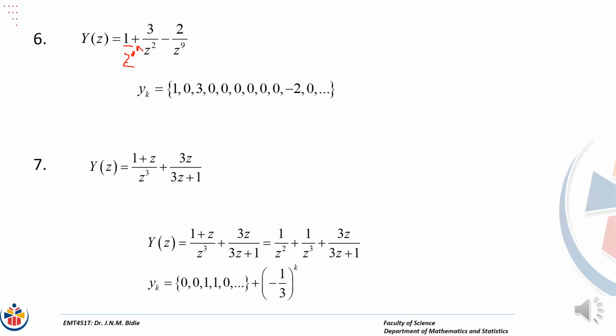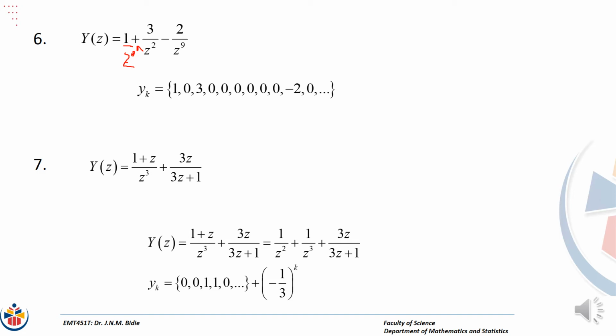So it means there is z to the power 3, 4, 5, 6, 7, 8 that are in between with numerators 0. Hence, we've got zeros there, and then we've got negative 2, and then all the other terms that come after 2 over z power 9 are zeros.